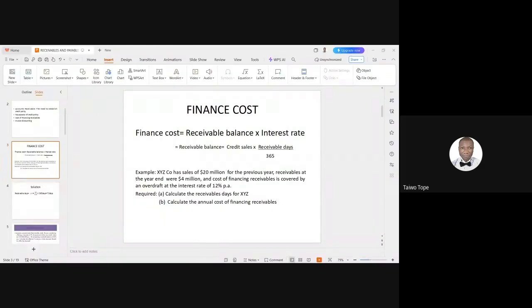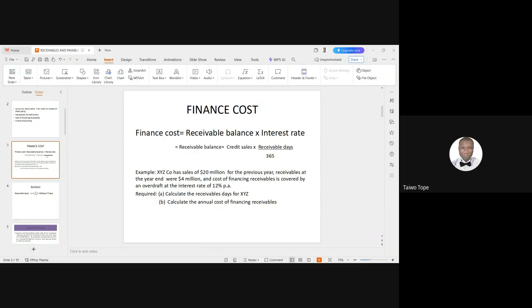So once the customer pays you back, you give the bank their money, including what? That is the concept we are referring to here. The costs of financing the receivables. So as we go on in the class, we will see various aspects of managing receivables.